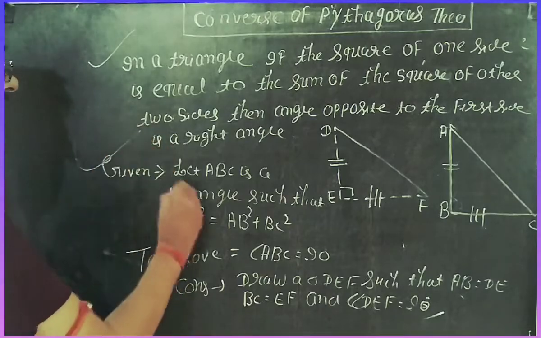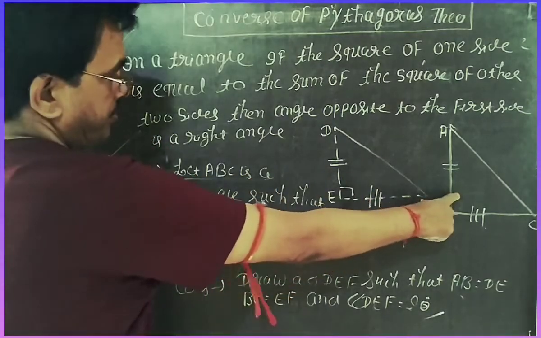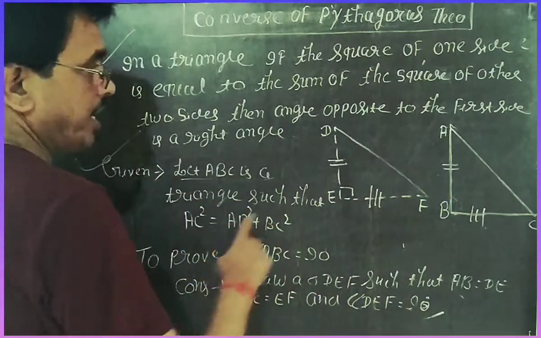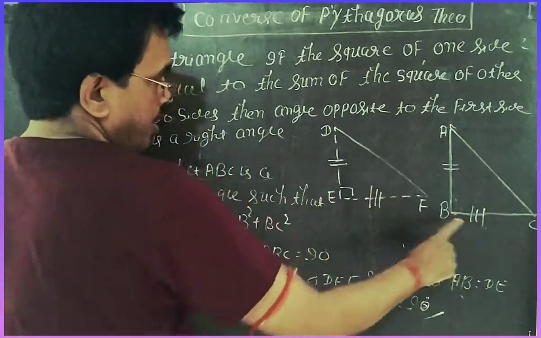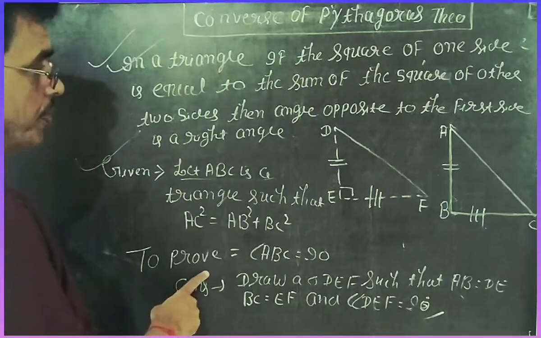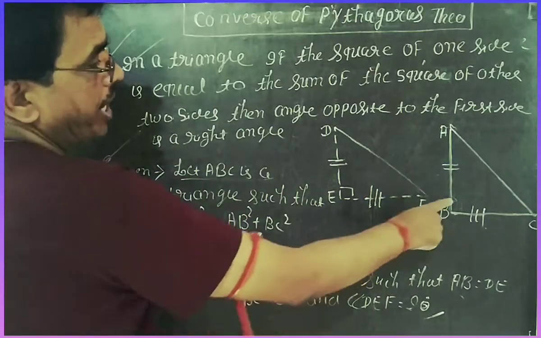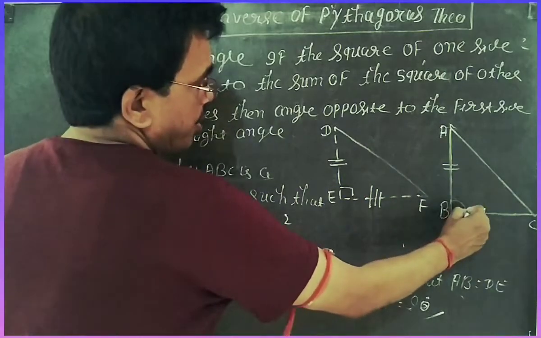So first we write given, that is let ABC be a triangle such that AC square is equal to AB square plus BC square. It is given in your question. To prove: angle ABC is equal to 90. That is, this angle you have to prove is 90.